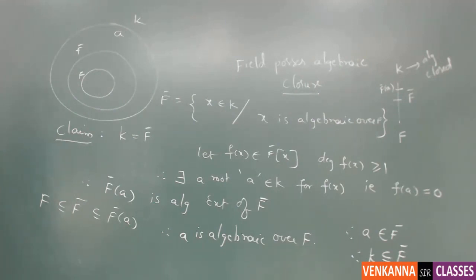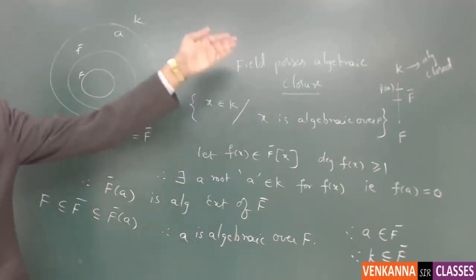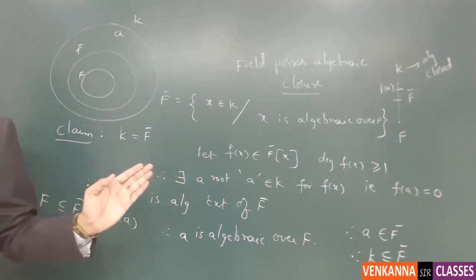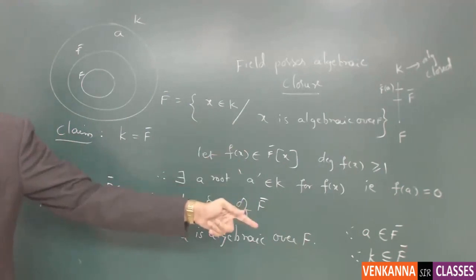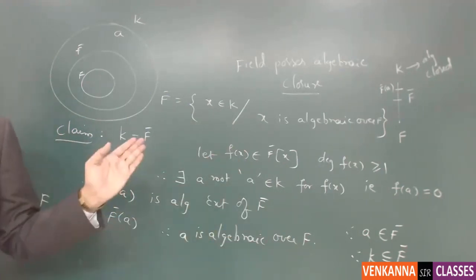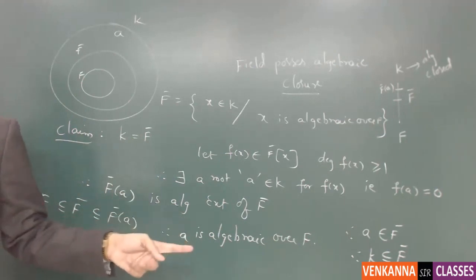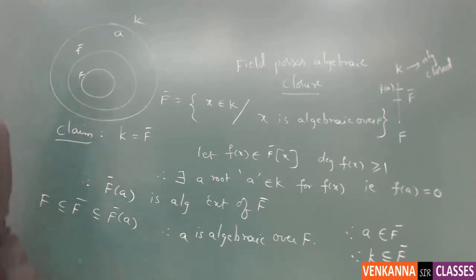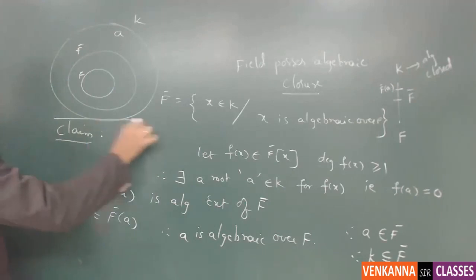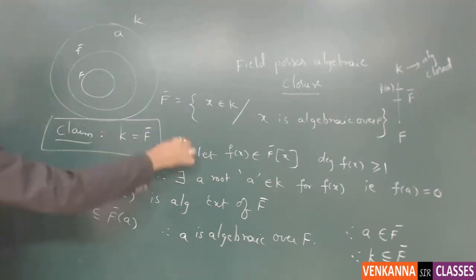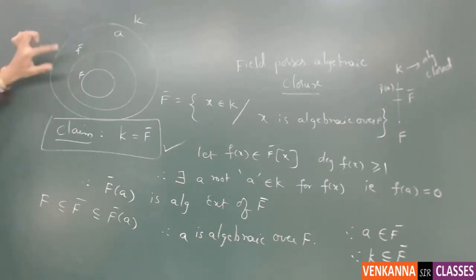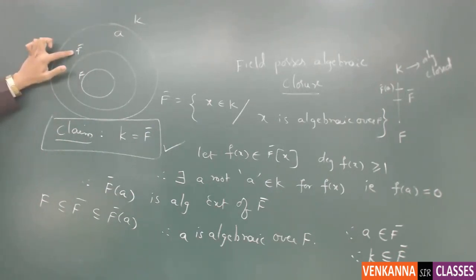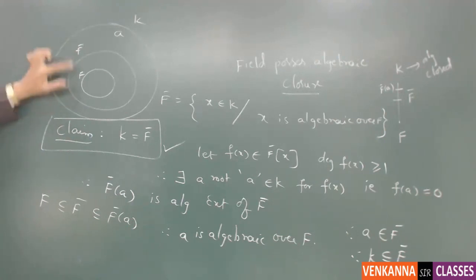Therefore, K is a subset of F bar. Now what happens? As per the first hierarchy, what I have considered, F bar is a subset of K. So at this position, I have proved that K is a subset of F bar because A is an element in K which is belonging to F bar. Therefore, K and F bar both are equal. That means these two sets become equal. So F bar is nothing but an algebraic extension of F as well as algebraically closed.